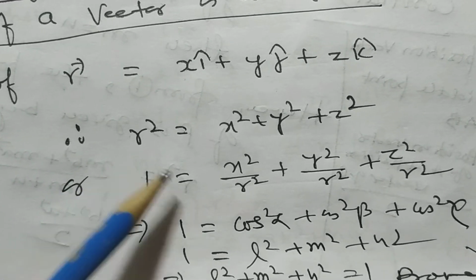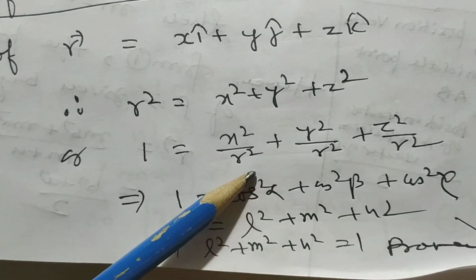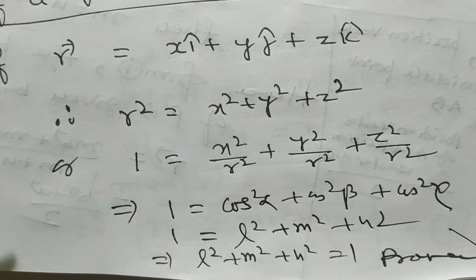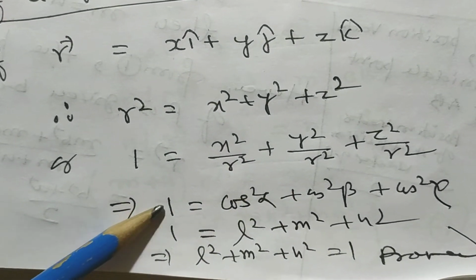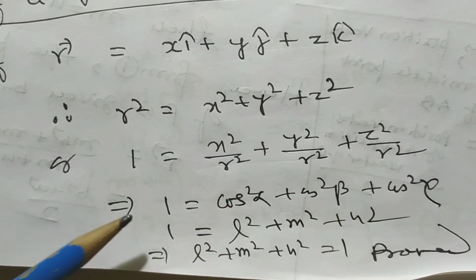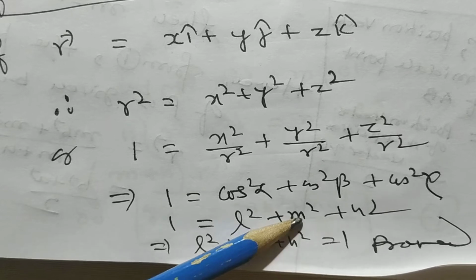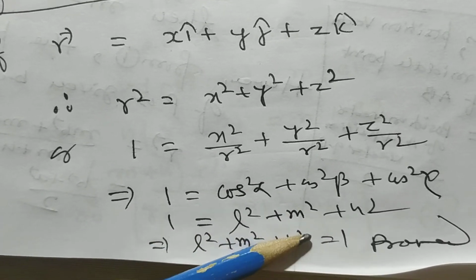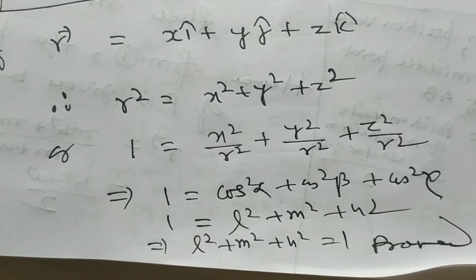Now, if we divide both sides by R square, then 1 is equal to x square by R square plus y square by R square plus z square by R square. This implies 1 is equal to cos square alpha plus cos square beta plus cos square gamma. This implies 1 is equal to L square plus M square plus N square. This implies L square plus M square plus N square is equal to 1.